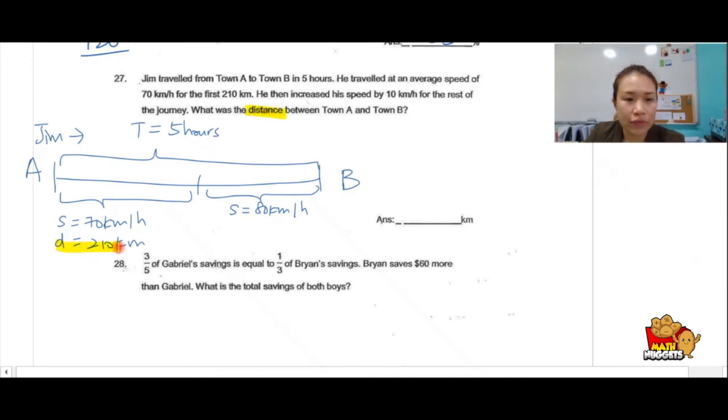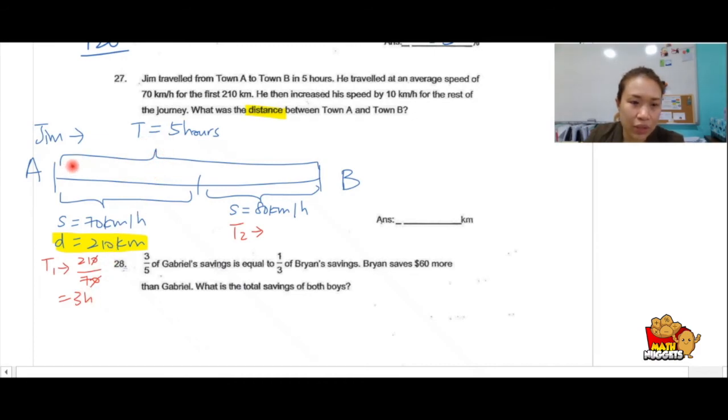We already know the distance for the first part. So what we need to know is the distance for the second part. In order to find the distance for the second part, we are missing the time, T2. So in order to find T2, we first need T1. The time for the first part would be distance divided by speed, which is 3 hours.